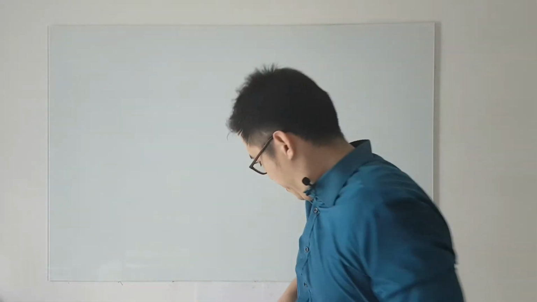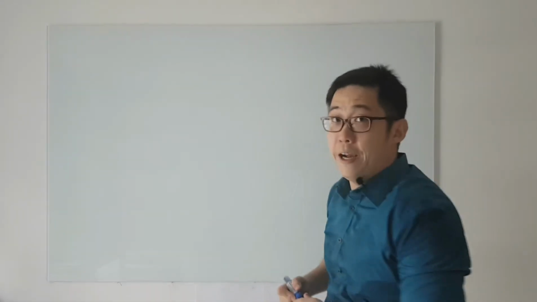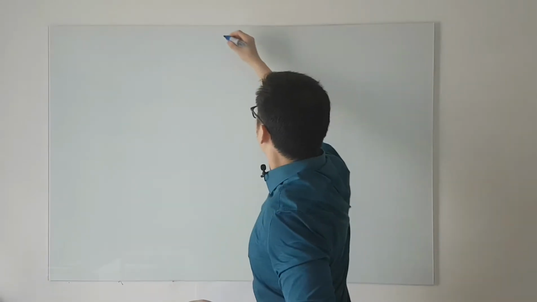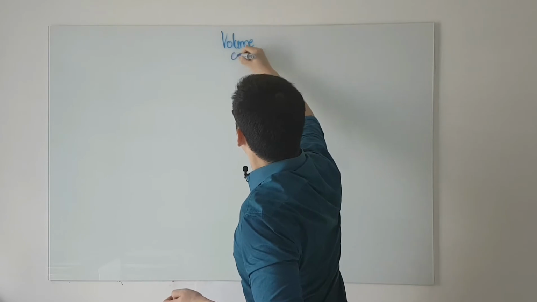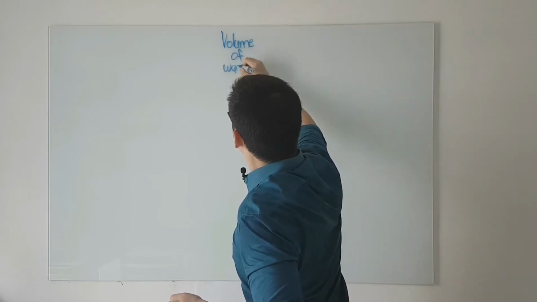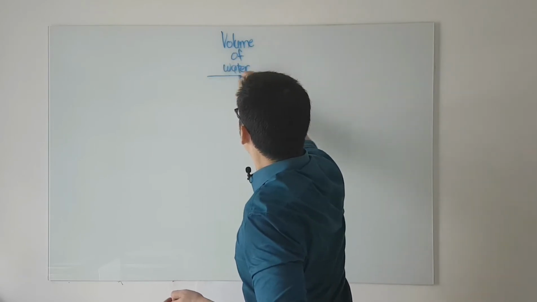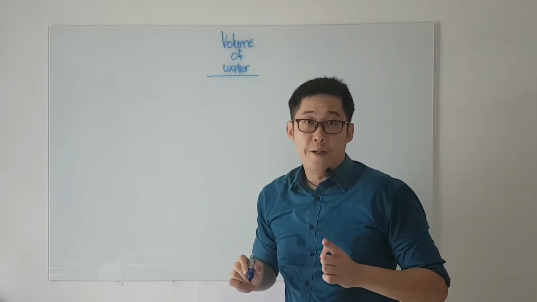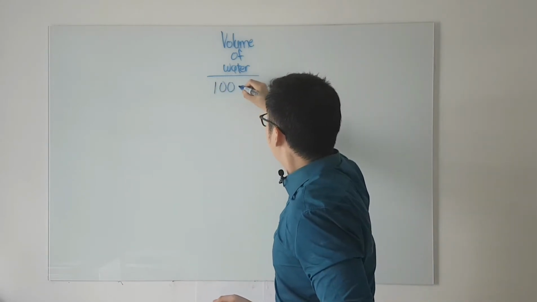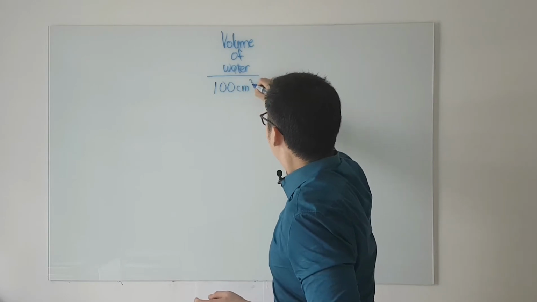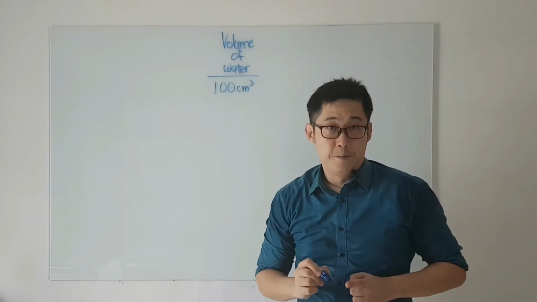Now, students, let's consider this example over here. I have with me a volume of water, in this case 100 cm cube of water.